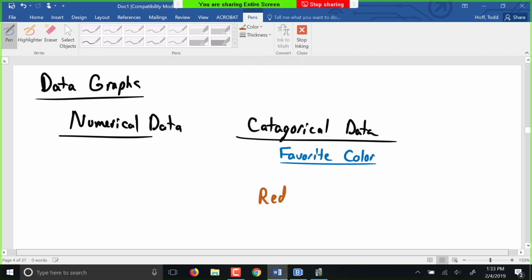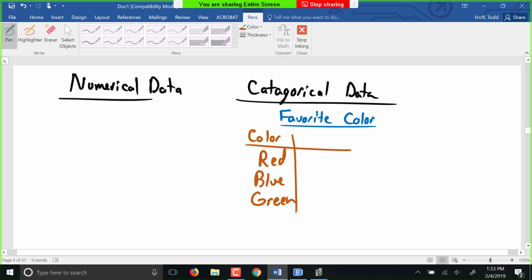So let's say we give people 3 choices. Red, blue, green. The frequency with which they respond. Let's say that out of 20 people, 8 people said red, 5 people said blue, and 7 green.